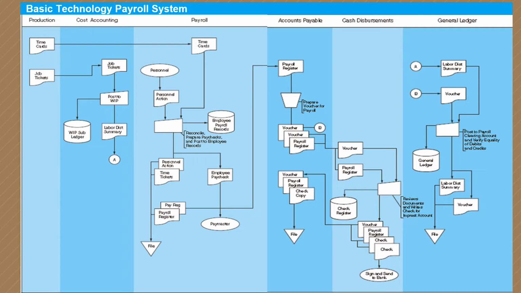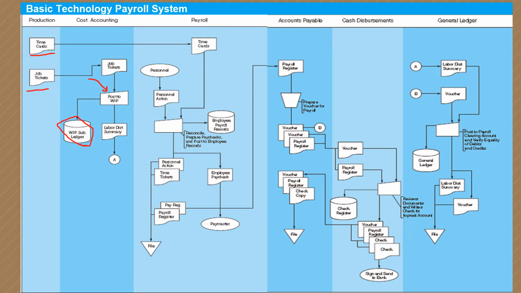Up here are the departments. We have production, cost accounting, payroll, accounts payable, cash disbursement, and then the general ledger department. The transaction starts first from production. The production department sends the time cards and job tickets in a manual base, and the job tickets go to be keyed in for posting to the work in process, to update the digital file here.